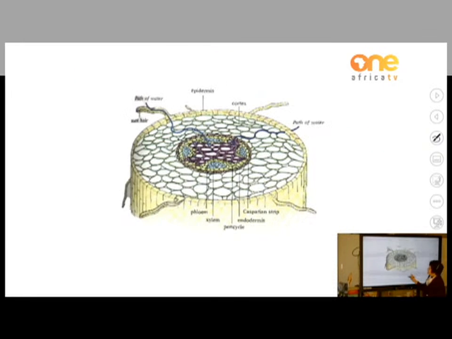And here we can see when it moved by active transport, it now can move through the cortex layer into the xylem. And with the xylem, it will move with the water, it will diffuse along the plant stem to the leaves.